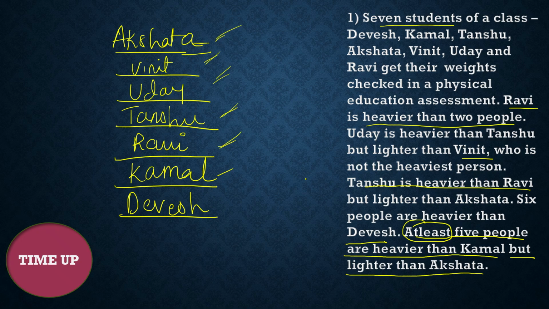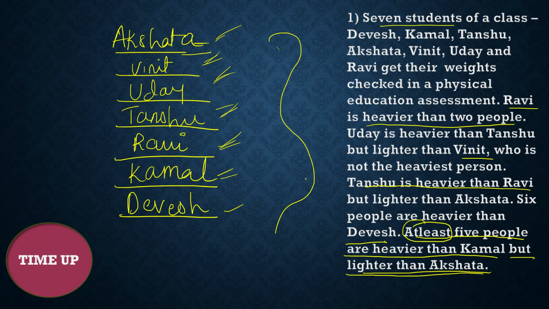So 5 people are heavier than Kamal. Condition is satisfied. At least 5 people should be lighter than Akshata. 1, 2, 3, 4, 5, 6. 6 people are lighter than Akshata. So the condition is satisfied. This is the correct arrangement after you solve the question. This is the arrangement. Now 3 questions we will solve.